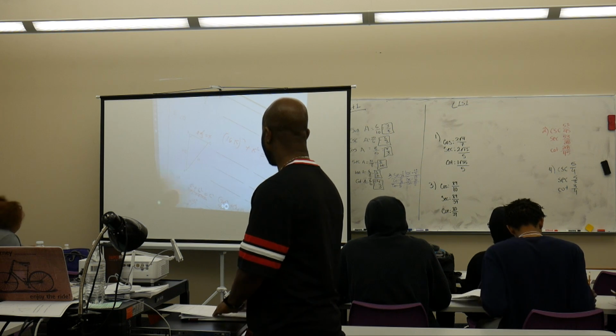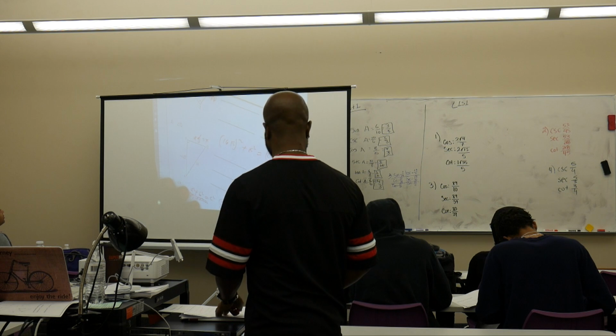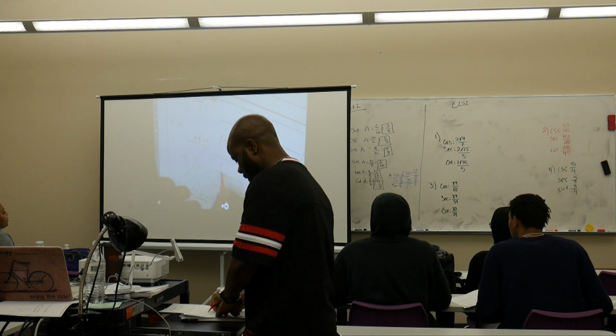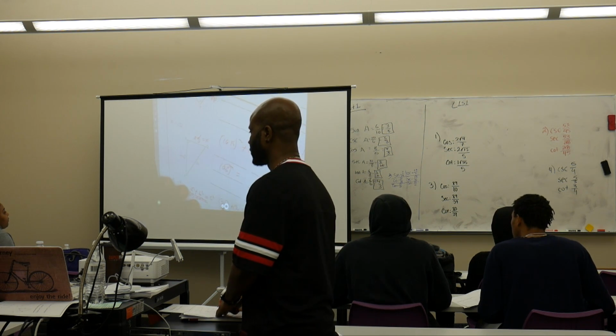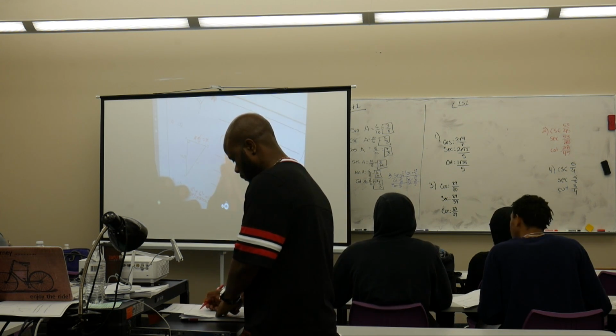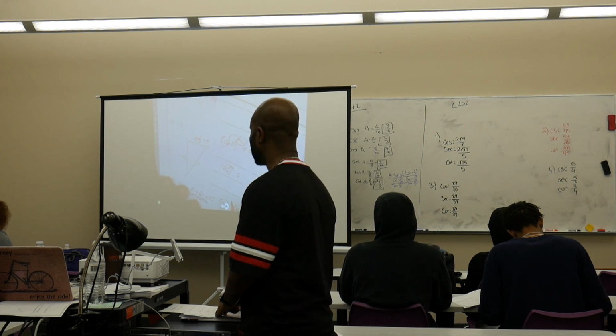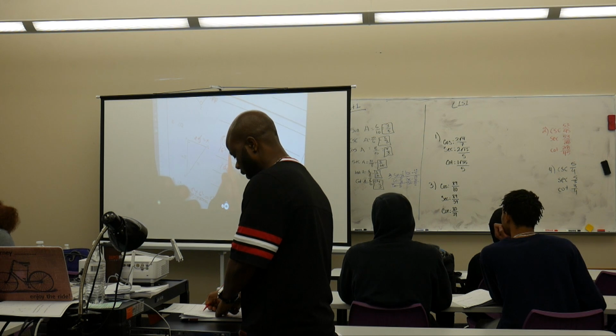Remember when we did properties of exponents, we said whenever we had A times B to the N, you get an N, you get an N, everybody gets an N. Remember that? So now, you get a square, you get a square. So we have to do 16 squared times the square root of 2 squared.